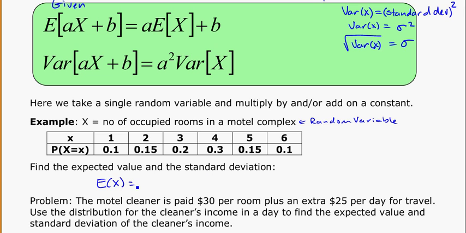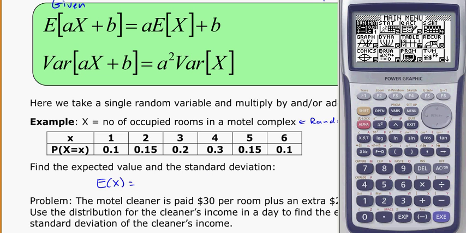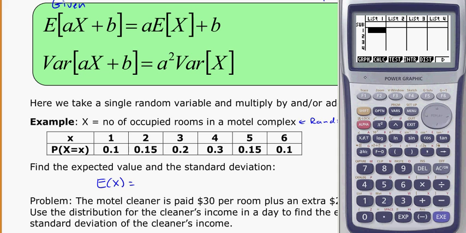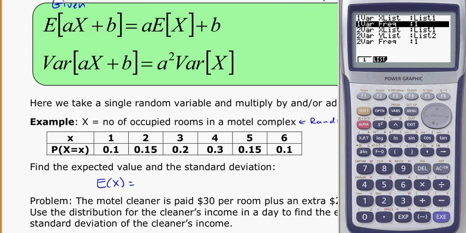And you might remember this with your calculator. In this case, we want to go into stat, and enter in our numbers. We have 1, 2, 3, 4, 5, and 6 rooms that are available to us, and the probabilities. Once you've got that entered in, remember you go calc, 1-variable, but before we do that, let's make sure that this is list 1, and that needs to say list 2.